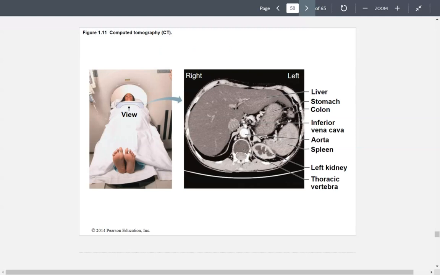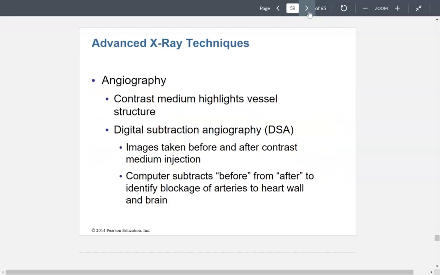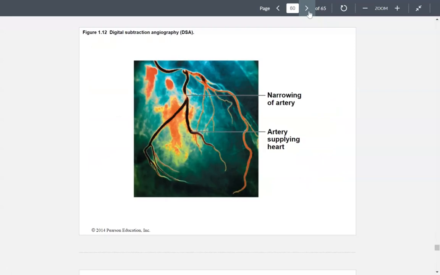CTs can always be determined from MRIs because on CT, bone will be white, and the negative space, the air, so to speak, will be black. Angiographs, these are a contrast imaging that is done for blood vessels. Looks something like this.